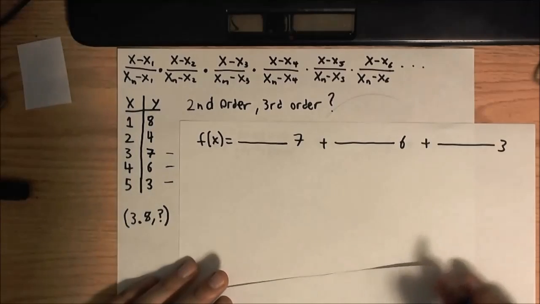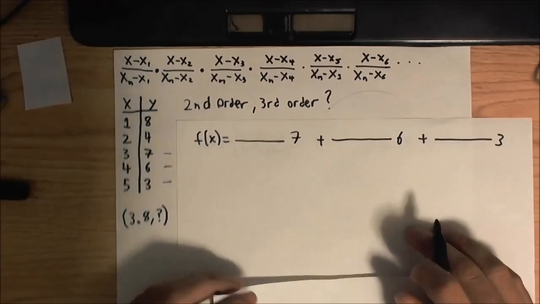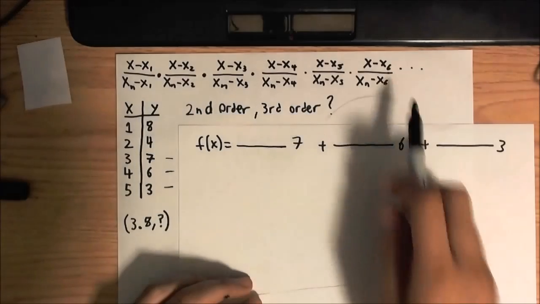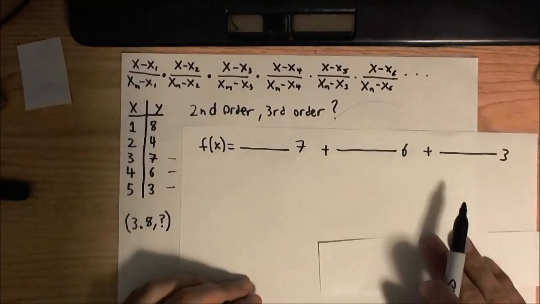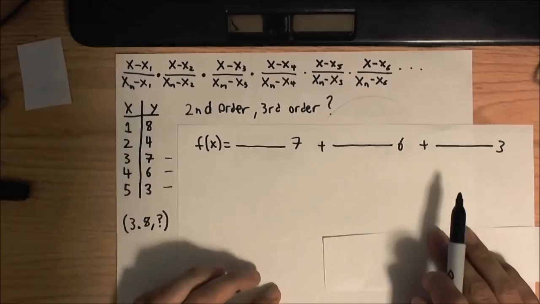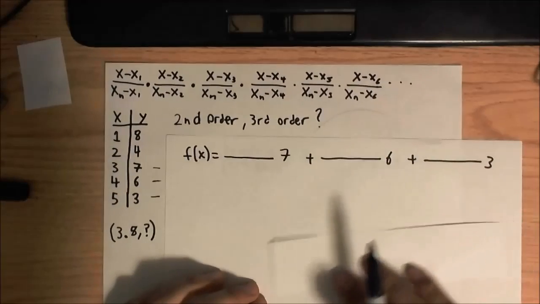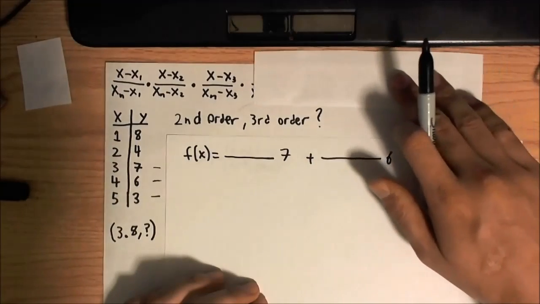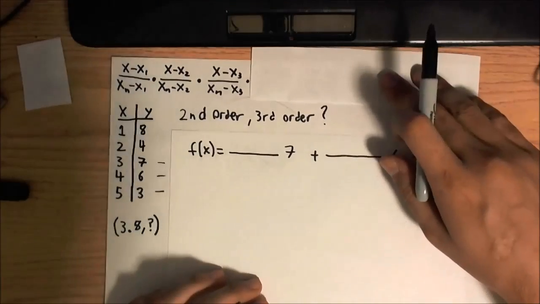So now we can start constructing our Lagrange terms. Up here I've provided a bank of terms that would be necessary to create up to a 5th order Lagrange polynomial, but since this is a second order, we can cover the 3 later points.